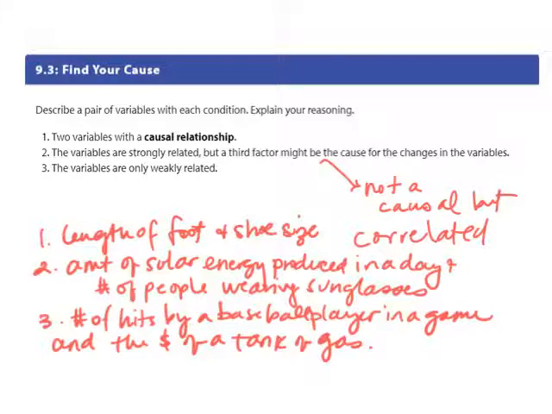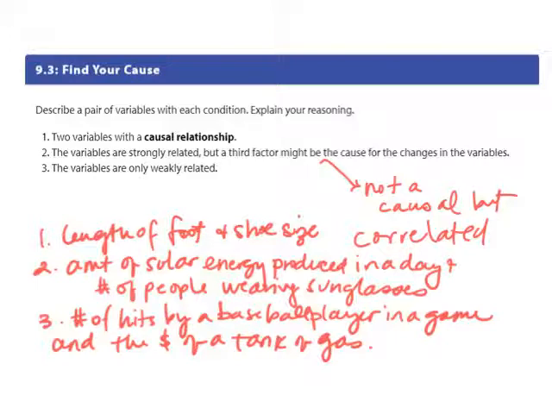Okay, number 2, the amount of solar energy produced in a day and the number of people wearing sunglasses. First of all, I would argue that there's a strong positive correlation between these two variables. I would expect that the amount of solar energy produced is higher on a sunnier day, and the number of people wearing sunglasses would also be higher on a sunny day.